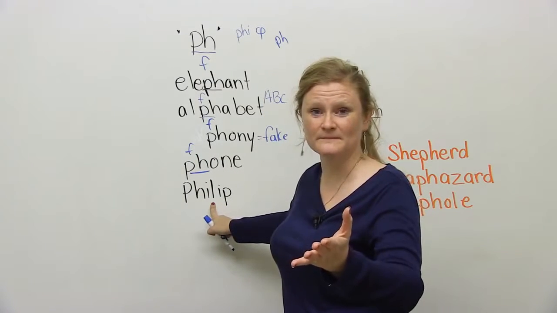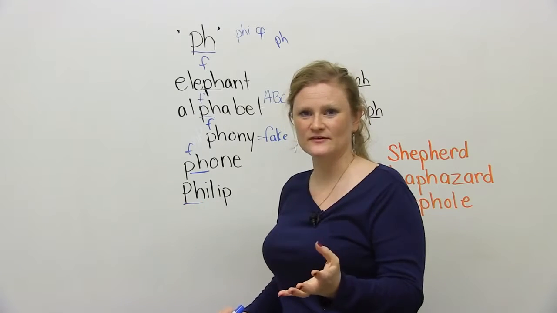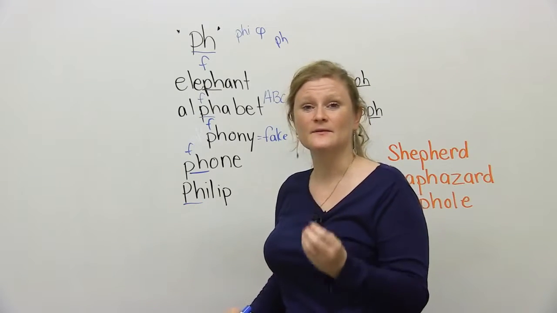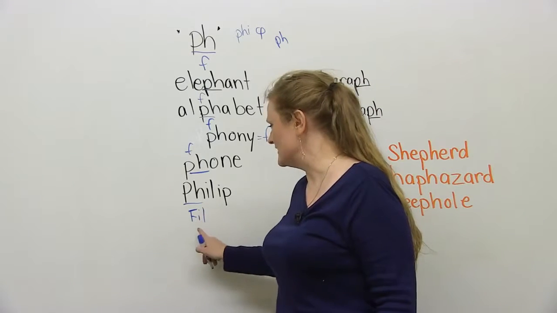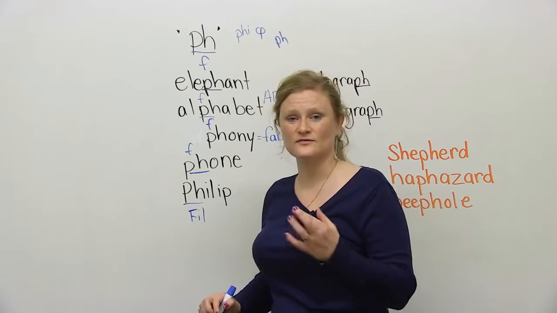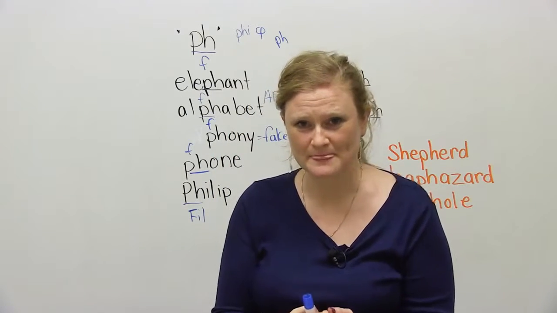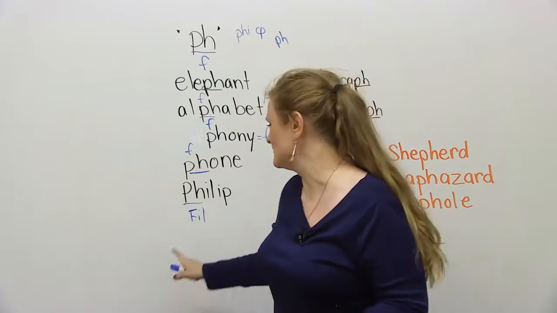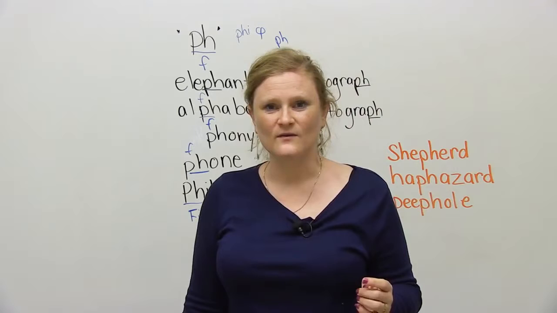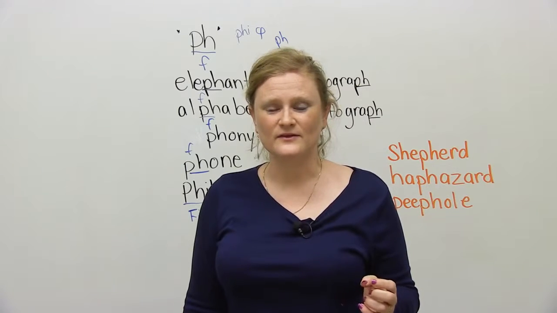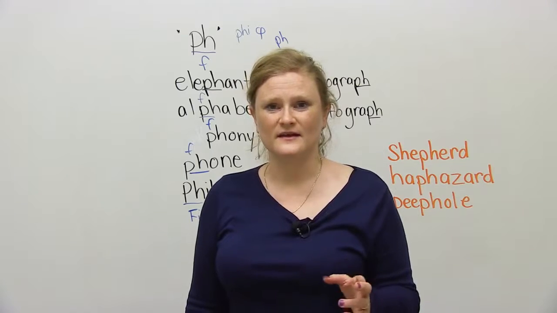A wonderful name, Philip. It looks like PH. It looks like Philip, but it's actually Philip. Some people actually write their name like this as a short form of Phil. My father's name was Philip, but he would always write his name Phil. And I asked him, "Daddy, why if your name is Philip, do you spell it with an F and a PH, not an F?